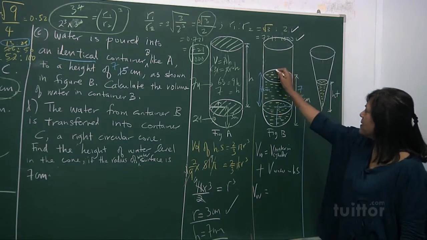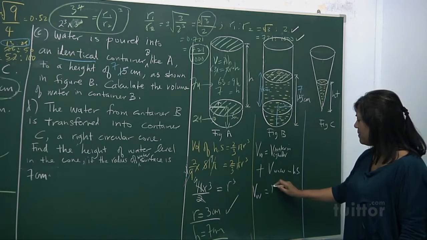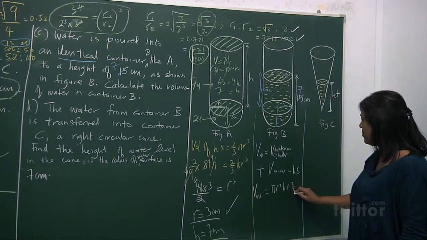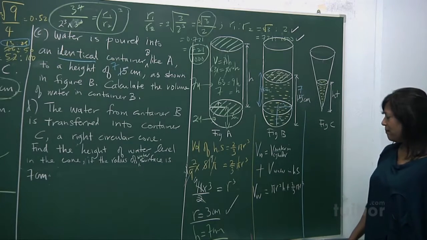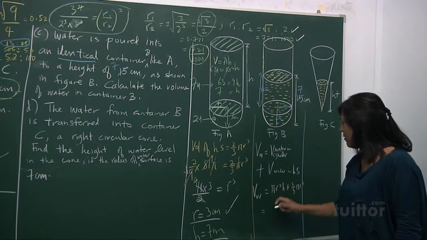The volume of this cylinder is pi r squared H, and this is 2/3 pi r cube. Now, if you look at this, height is 4. So we've got 4.